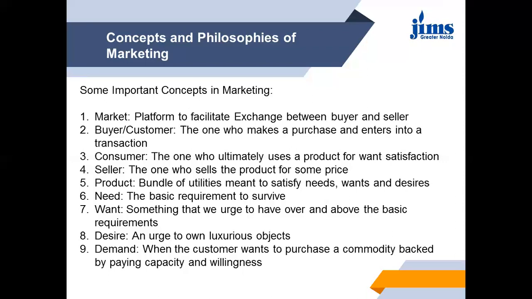So a desire, therefore, is an urge to own luxury objects. It stems out from the concept of conspicuous consumption. So, for example, branded showroom, branded cars, branded clothes, branded shoes. That's a desire. That's actually not a need. That's a desire.